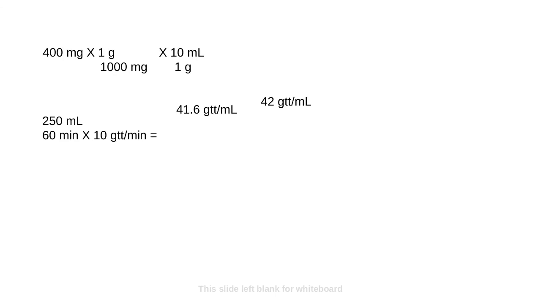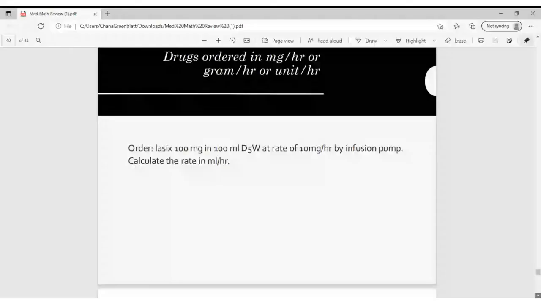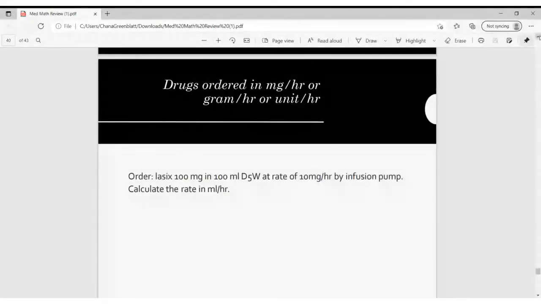Alrighty. We have here our order. Our order writes for Lasix. So we have a patient in fluid overload and they're in the hospital with pulmonary edema, and we have them written for 100 milligrams of Lasix. It happens to be that my Lasix is diluted in 100 ml.